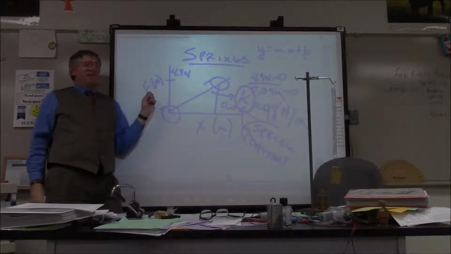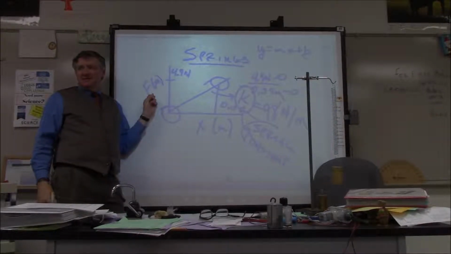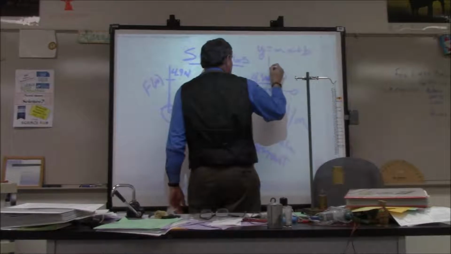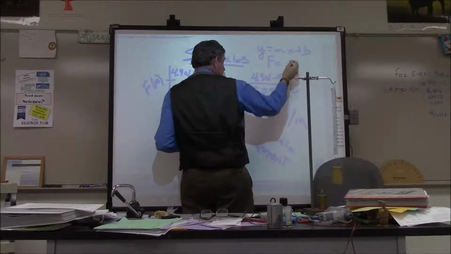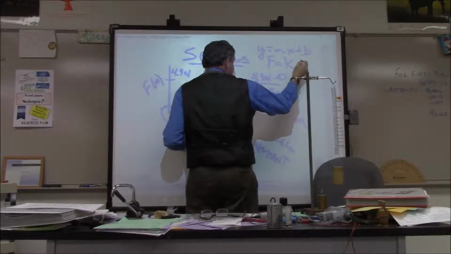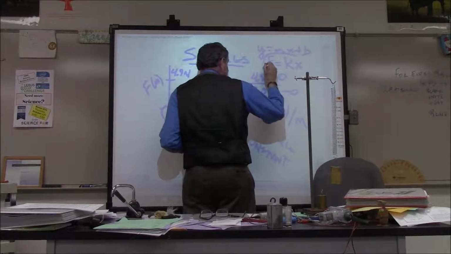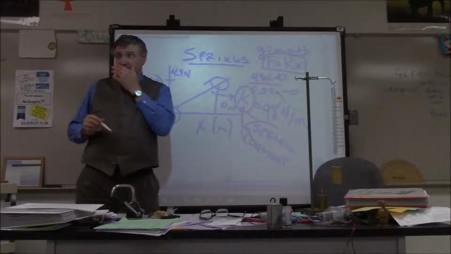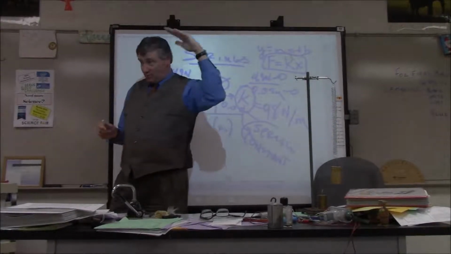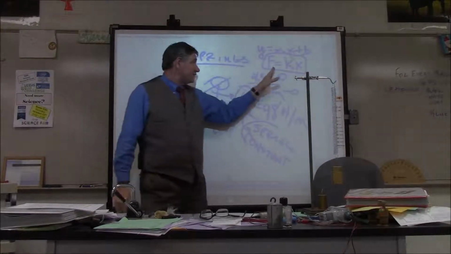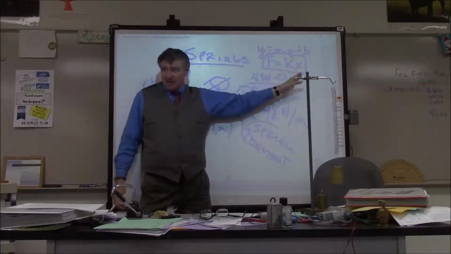So what's graphed on the y-axis? Force. So could I write this as F equals my slope, which we said was k, and my elongation is x? F equals kx. Now, if you look on your equation sheet underneath the force ones, you're going to see that F for the spring equals kx.